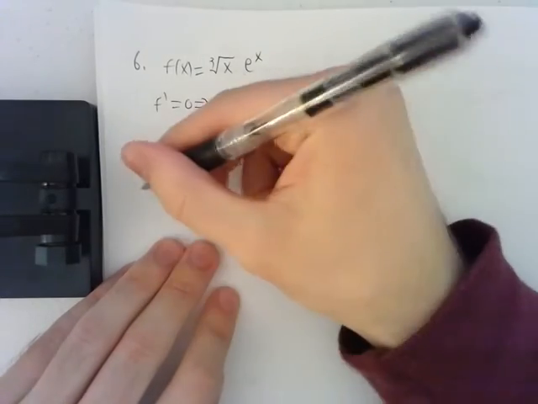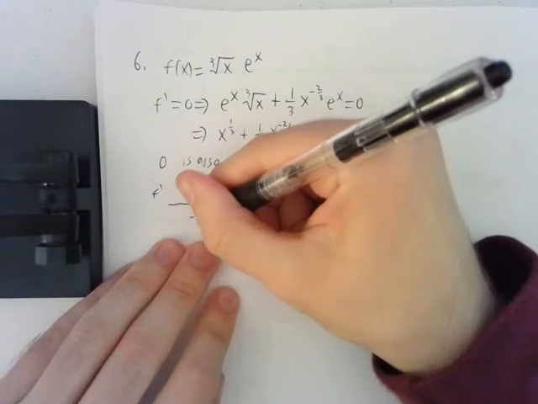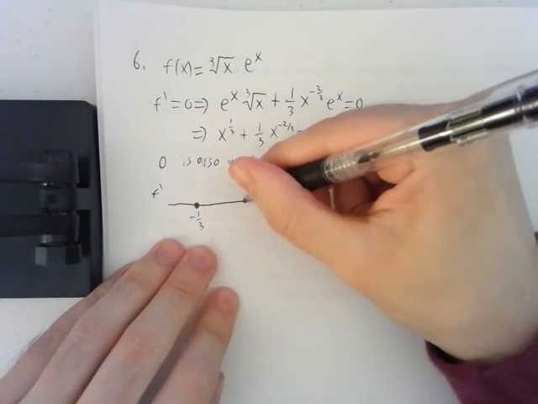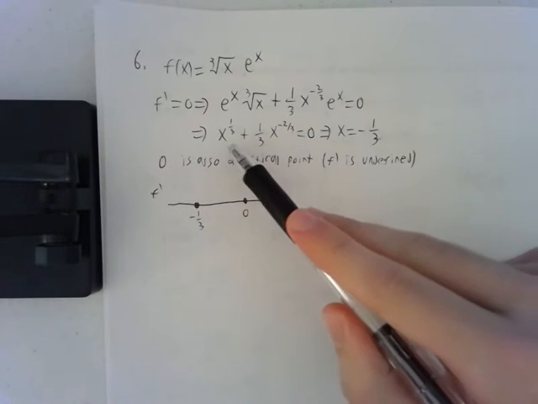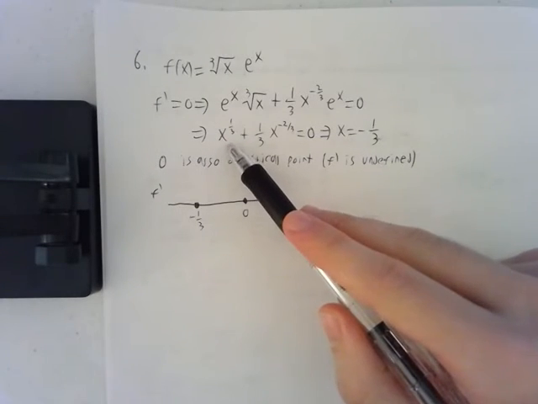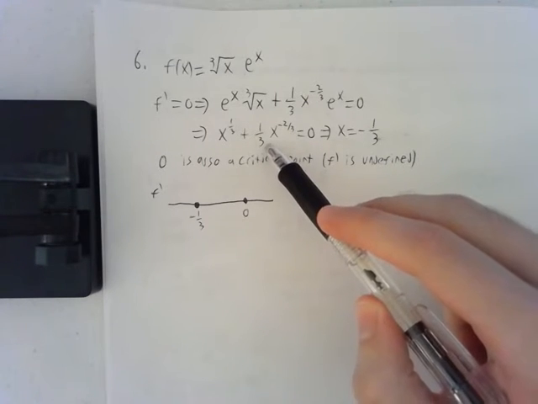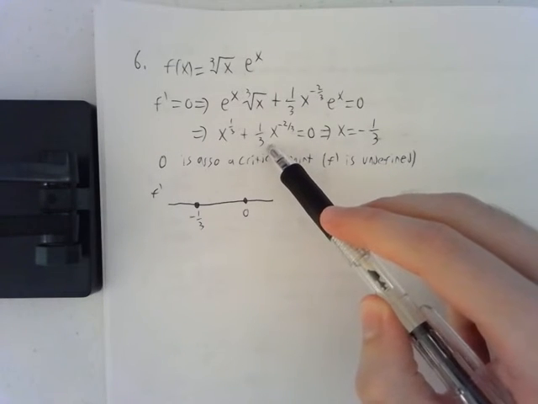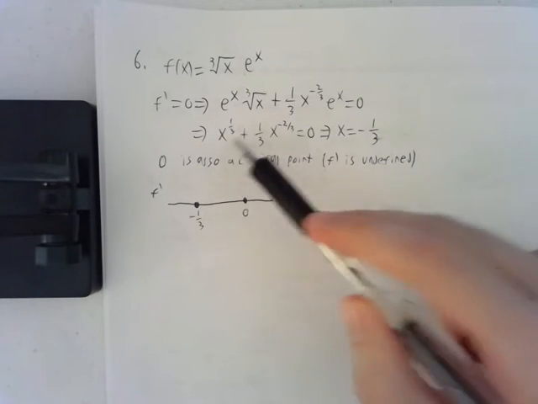So we draw a number line of f prime. And we have to think about how the derivative changes sign at these two critical points. Well, let's take a look at our expression for the derivative. If we plug in a huge negative number, then this first term will be a huge negative number.